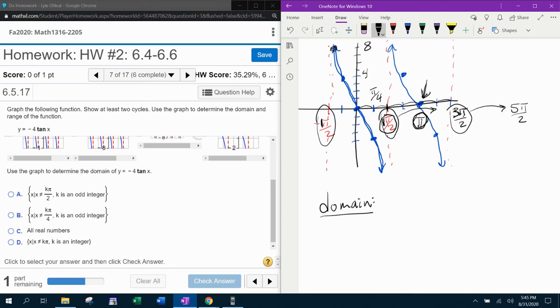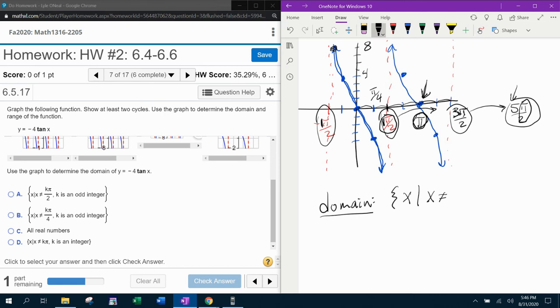So if I count by halves, 1/2, and then a half and a half would be 3 halves, and then a half and a half would be 5 halves. Can you see that these are occurring at odd values of pi over 2? 1 pi over 2, 3 pi over 2, 5 pi over 2. These are odd multiples of pi over 2. So then we can say the domain is going to be the set of all x's such that x cannot be wherever these asymptotes occur.